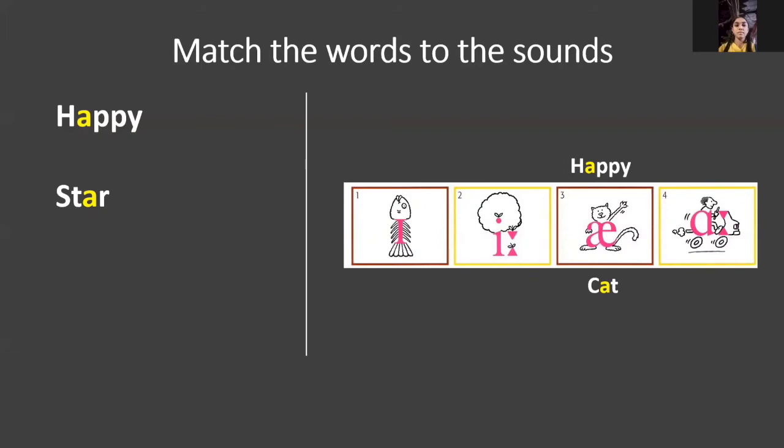Car. That's right. Car. Okay. What about this one? Fish. Good. That's it. Chips.